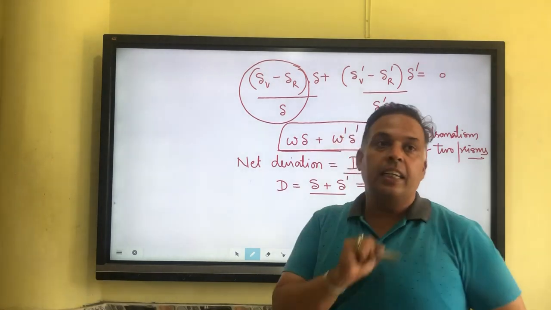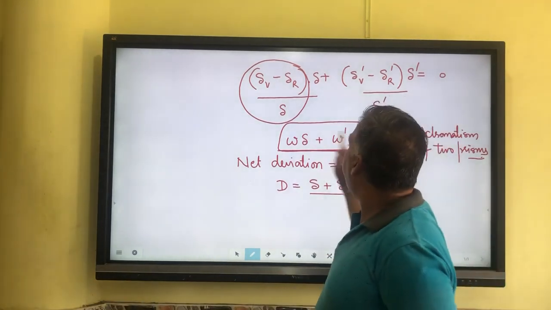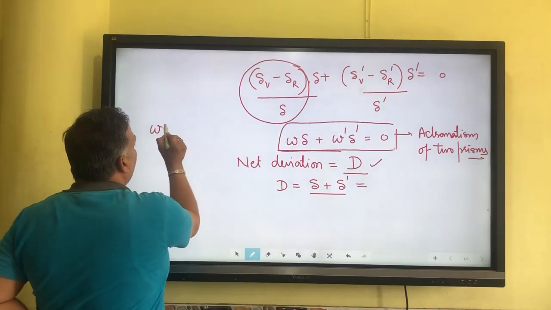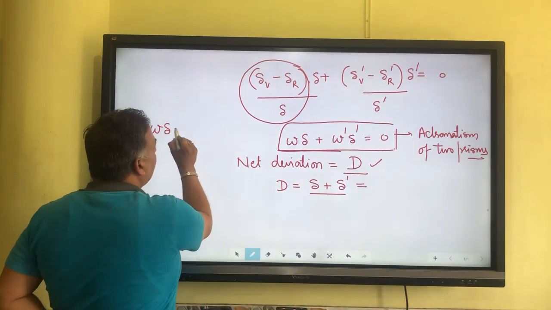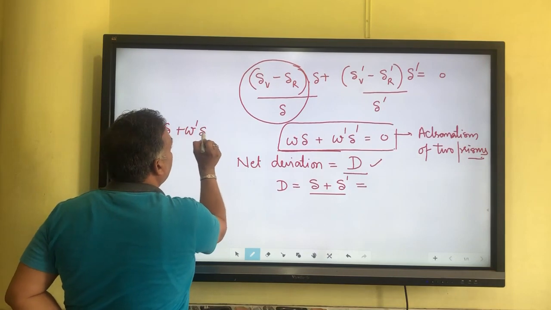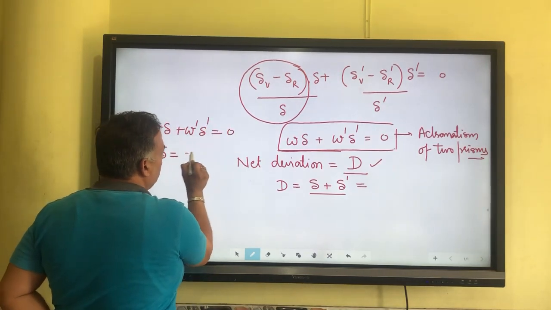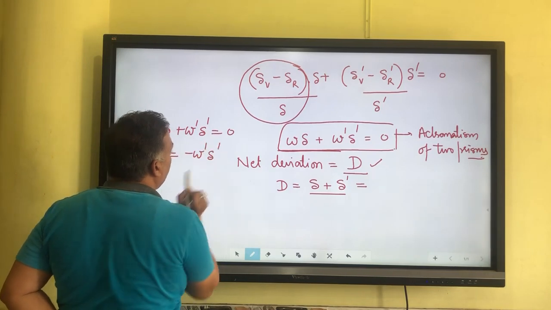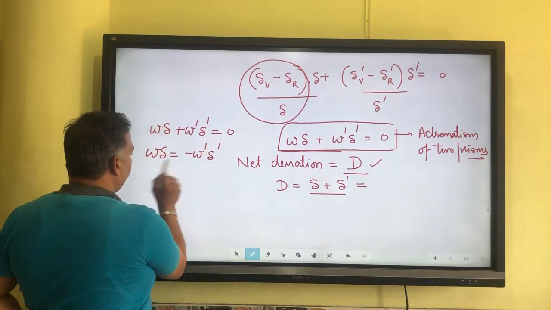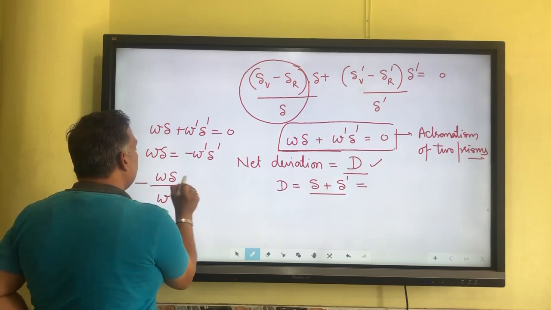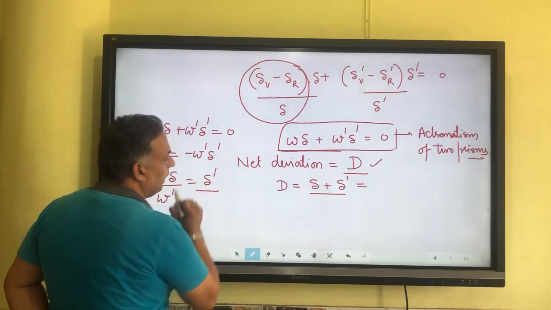From here, omega into delta plus omega dash into delta dash is equal to 0. Omega into delta becomes minus omega dash into delta dash.